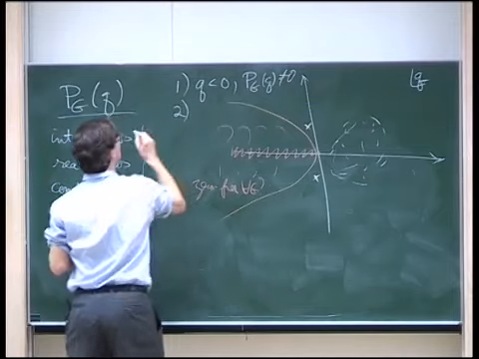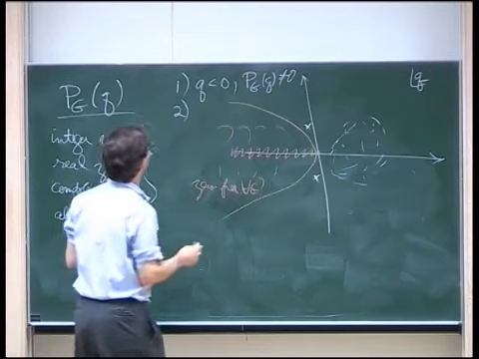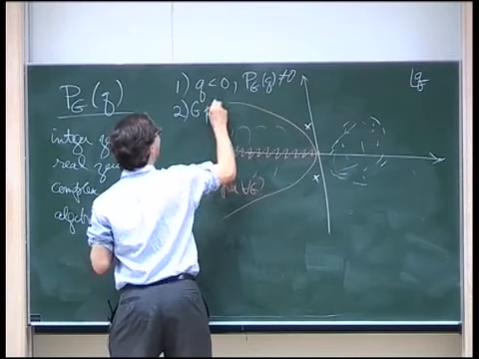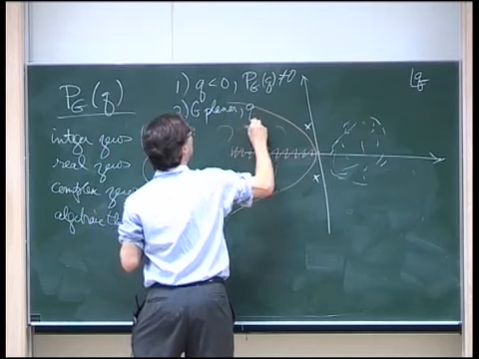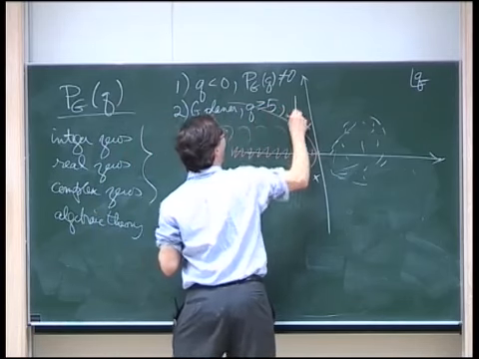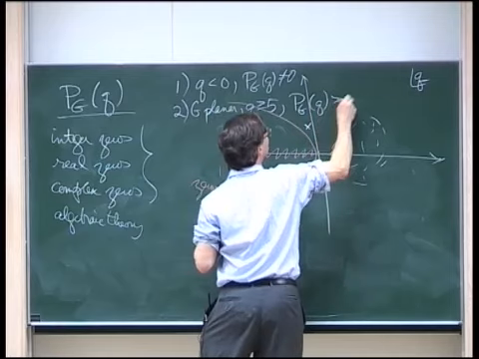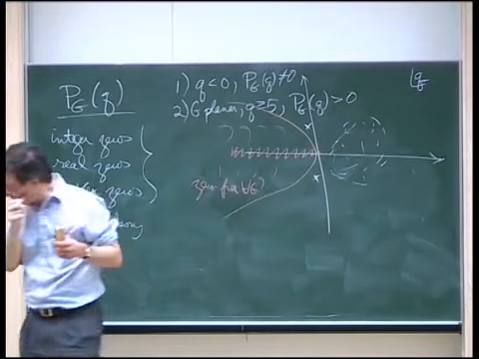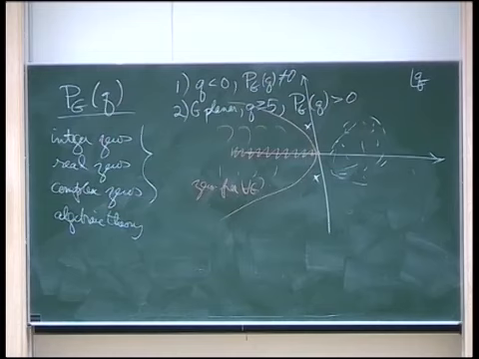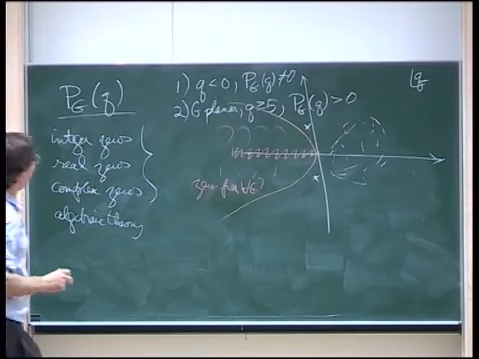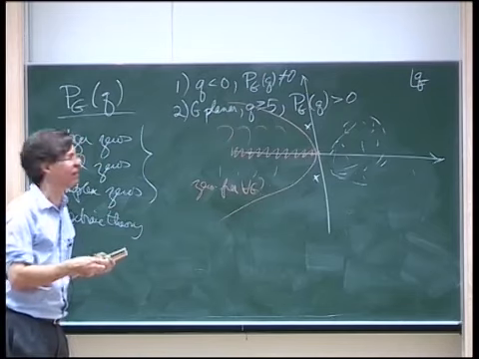Second fact, that I guess Bill will also tell you: if G is planar and Q is greater than or equal to 5, then P_G(Q) is strictly positive. Of course, for integer Q greater than or equal to 5, this is the 5-color theorem. So this is a kind of real generalization of the 5-color theorem.